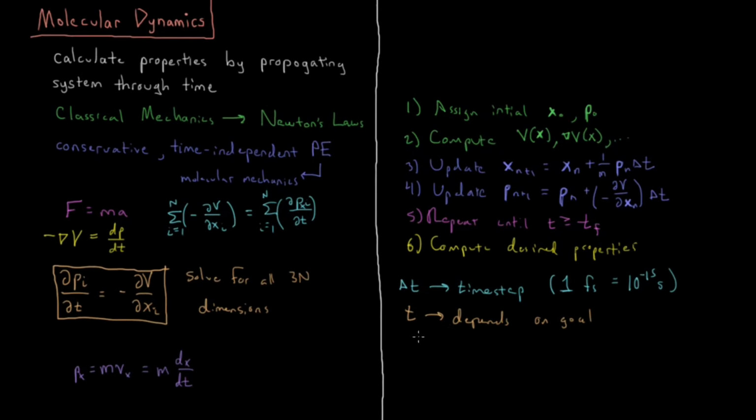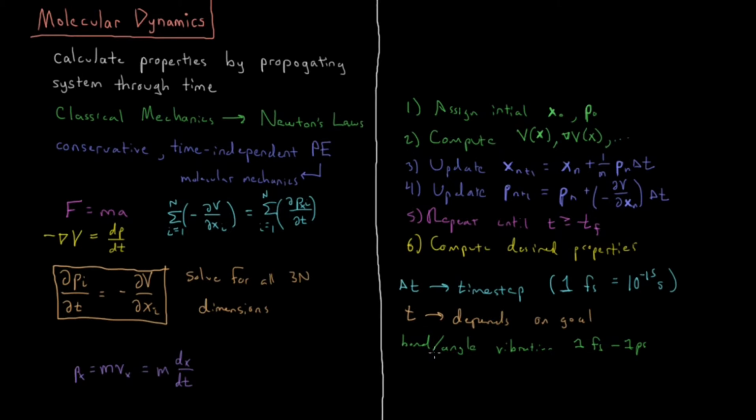So things like, let me write that better. Depends on goal. So things like bond or angle vibrations, those might be something between a femtosecond to a picosecond, 10 to the minus 15 to 10 to the minus 12 seconds.